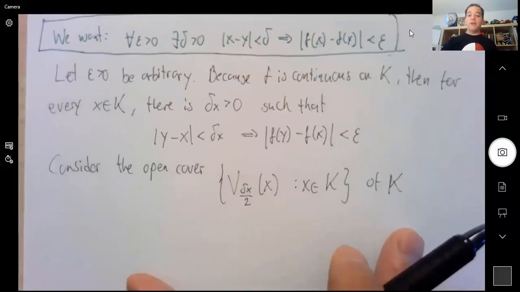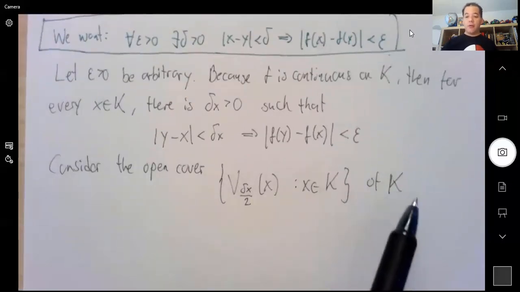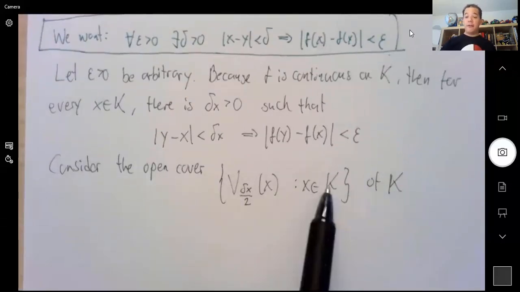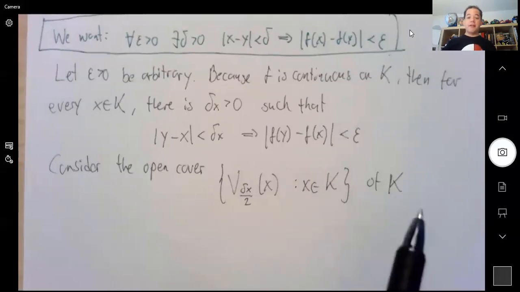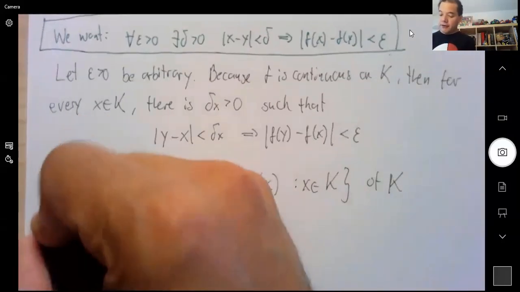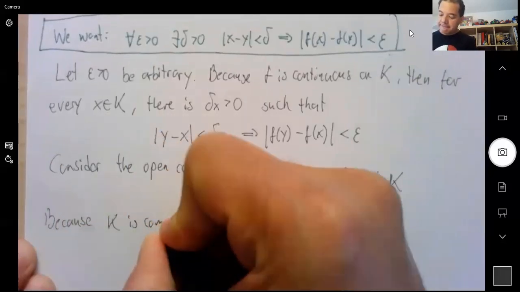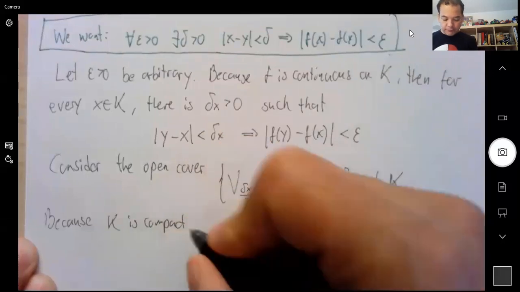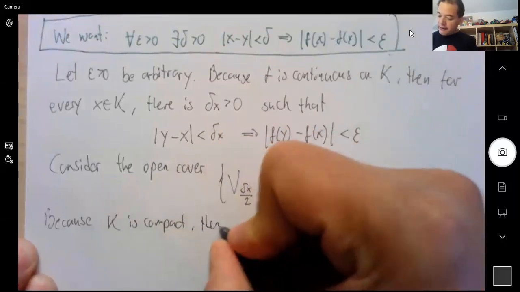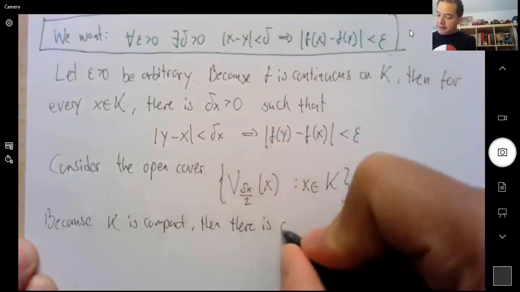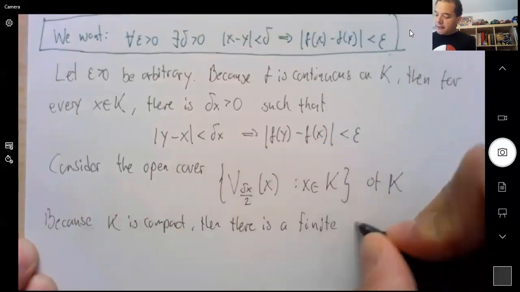And then we're going to use the fact that K is compact. What we know about open covers of compact sets is that we can extract a finite subcover. So here we go. Because K is compact, there is a finite subcover.